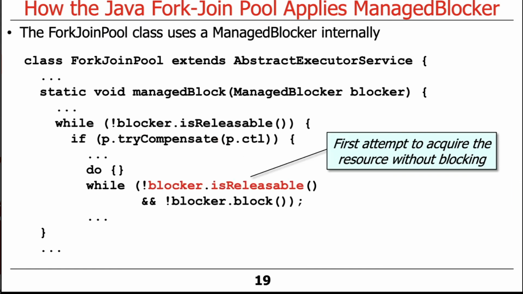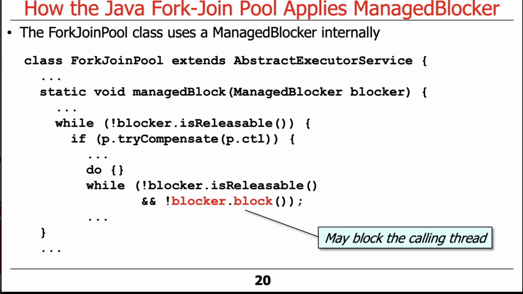And as you can see, there's a bunch of loops in here which do things like try to acquire the resource without blocking. If it's able to do that, we're done. Otherwise, it calls the block method, which may very well block the thread, but that's okay because we've already set up this compensation mechanism above.